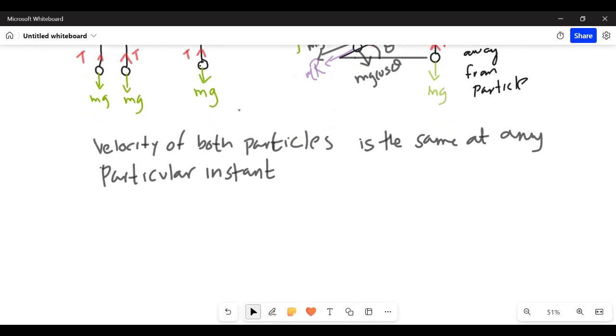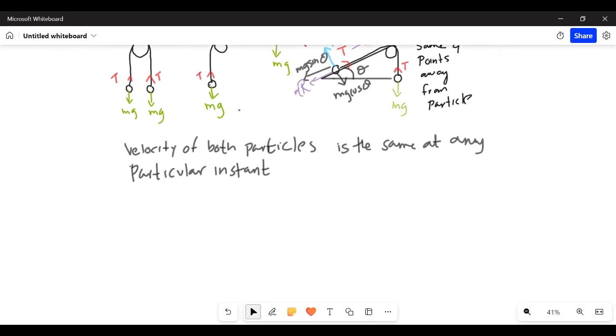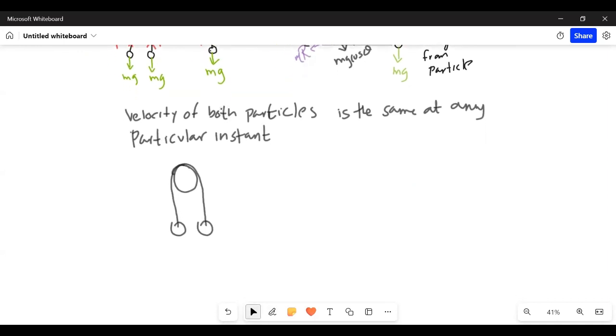So what I mean to say is that here's the first system that we discussed already. Let's say one of the particles starts moving down, then obviously the other one will start moving up. So this one will start going down and this one will start going up.